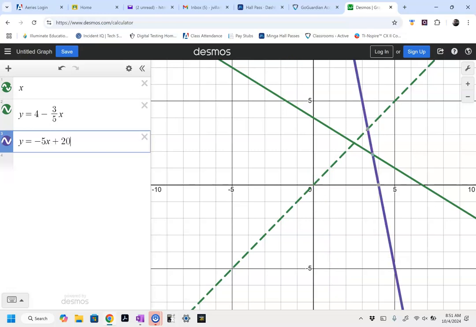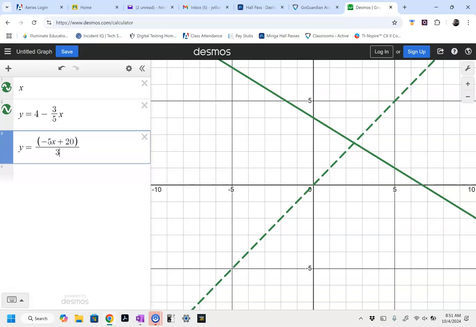And all of that is over here. Sorry, I should have typed it out a different way, but I can fix it. Divided by 3. There we go. And do those look like mirror reflections across that dotted line? Yeah, they do. Okay. So feel comfortable with that. I feel like I got it right.